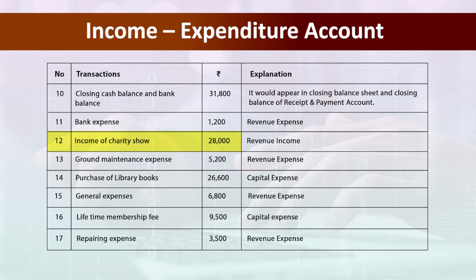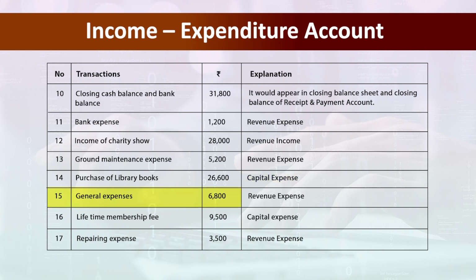Income of charity show of rupees 28,000 is a revenue income. Ground maintenance expense of rupees 5,200 is a revenue expense. Purchase of library books of rupees 26,600 is a capital expense.